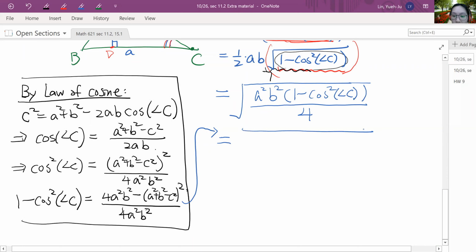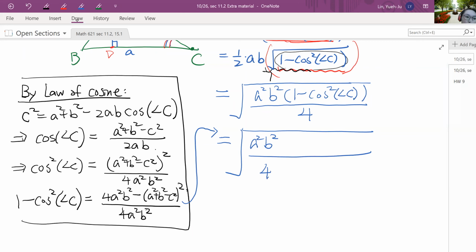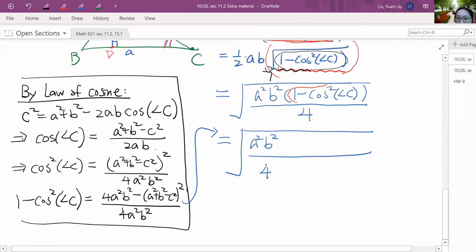The rest of it is more or less algebraic simplification. I keep a squared b squared and I keep this 4 here, but I replace 1 minus cosine squared by what we just did. So essentially I have 4a squared b squared minus (a squared plus b squared minus c squared) to the perfect square, and I also have another 4a squared b squared here.